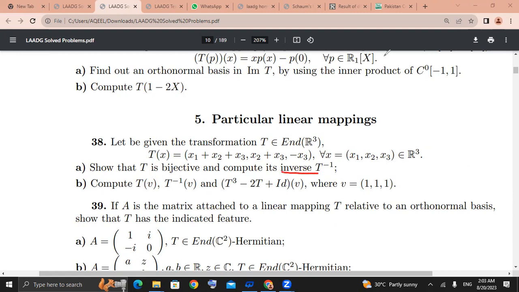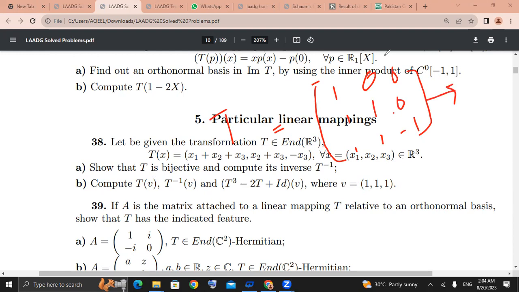Now we have to find the T inverse. How can we find the T inverse? As you see, we have found the matrix of T with respect to the usual basis, which is 1, 1, and 1, then 0, 1, and 1, and then 0, 0, and minus 1. We take its inverse.